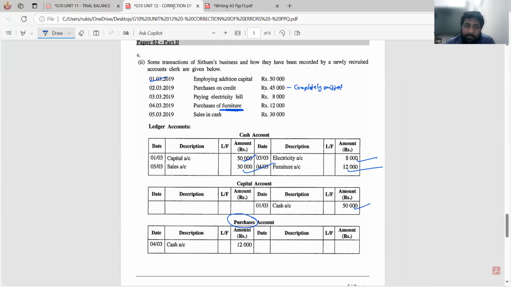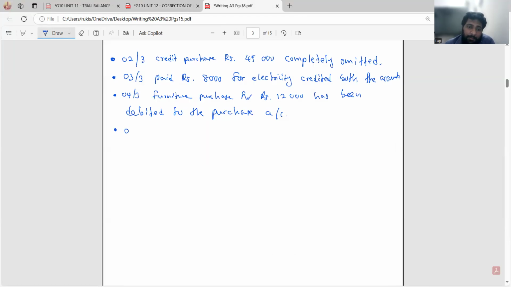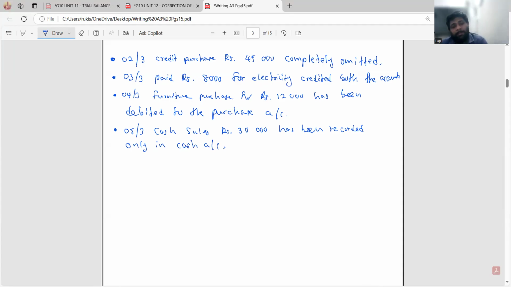So what has happened? 5, 3: cash sales rupees 30,000 has been recorded only in the cash account.